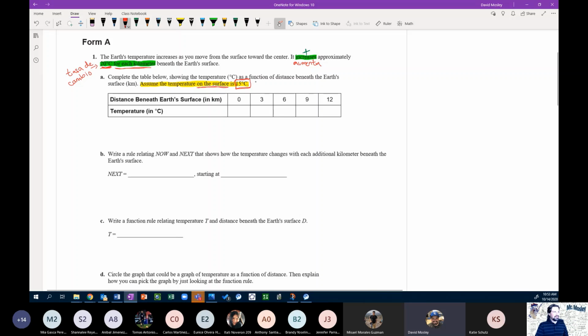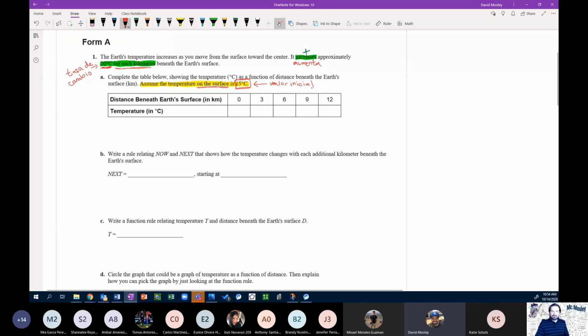So that means this is our start value. It is our start value here. The valor inicial. So we have a rate of change.